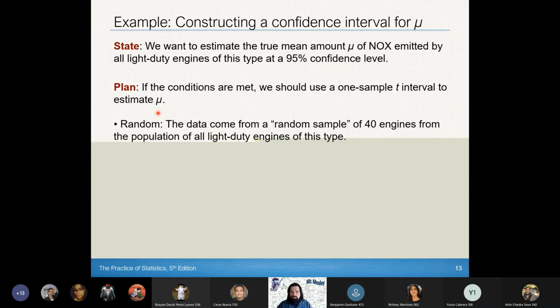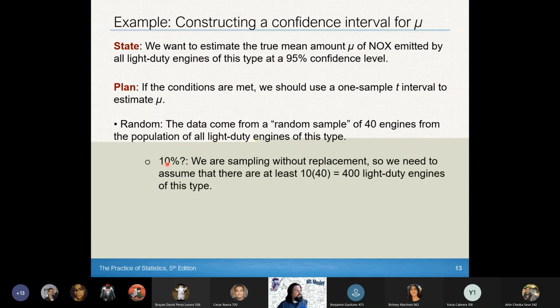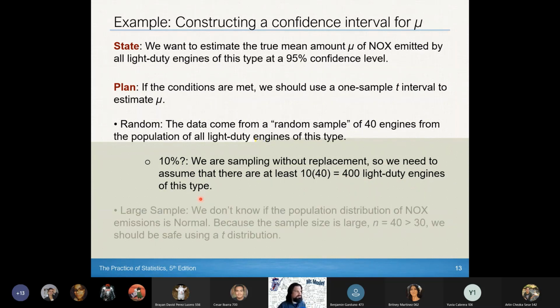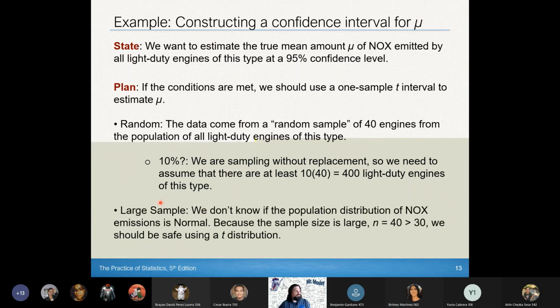Part of the planning process here is checking our conditions. Random. The data came from a random sample of 40 engines from the population of all light-duty engines of this type, so it is random. The 10% condition, we are sampling without replacement, so we need to assume that there are at least 10 times 40 or 400 light-duty engines of this type in the population. That seems fair. And large sample, we don't know if the population distribution of NOx emissions is normal.